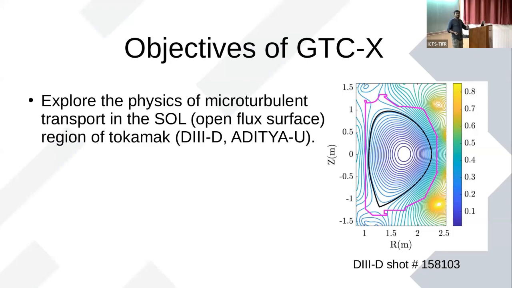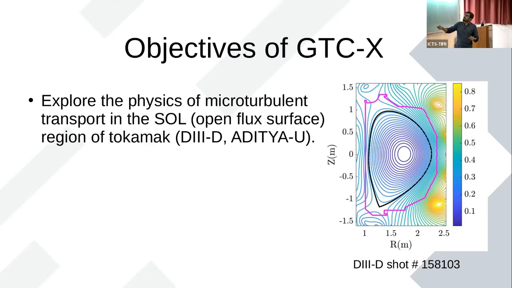And one of the objectives that we are going to look at with the code that we are developing, which we call GTC-X, is to work with this particular cross section of the flux surface. Most of the codes which are available right now, there are around 5 codes in the world which can simulate this kind of setup. They work in the core region over here.